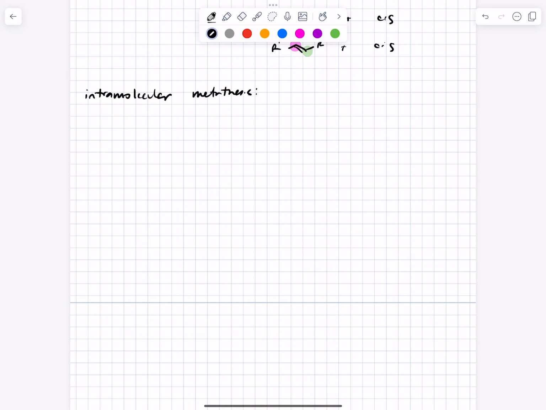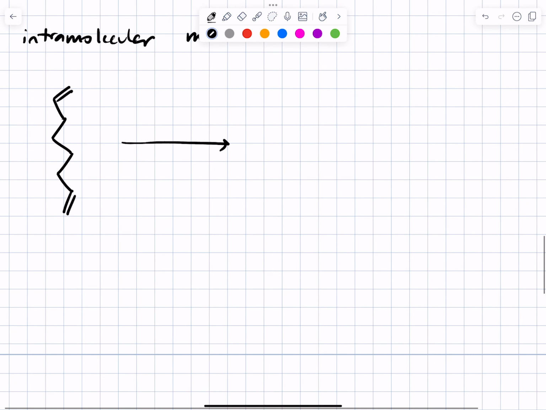So an intramolecular metathesis reaction would look like this. Let's imagine the following alkene. And then let's use that ruthenium catalyst.